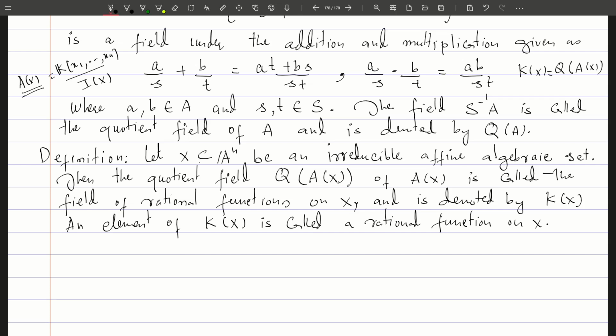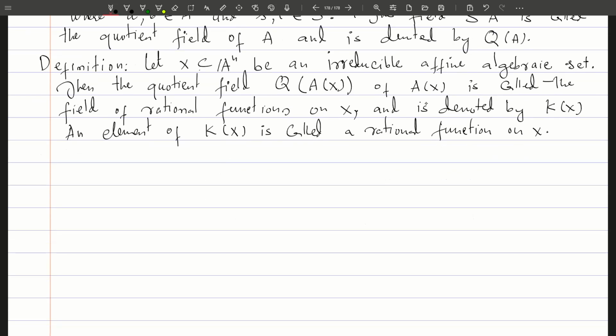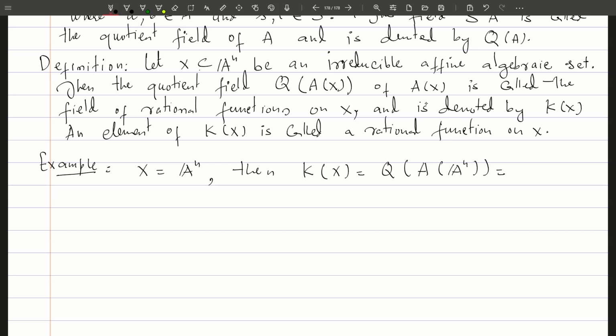So for example, let us take X to be equal to the affine n space. Then the quotient field of A of X, which is Q of A of affine space, is the quotient field of the coordinate ring of the affine space, which is the whole polynomial ring K[x1, ..., xn].